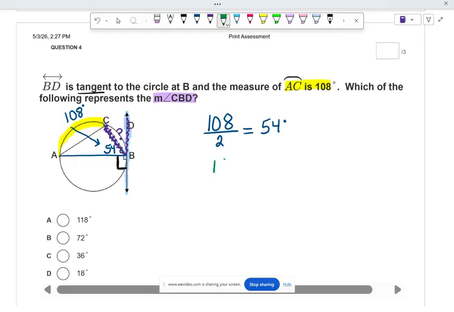So we're going to do 180 minus the 90 that was already there, minus the 54 inscribed angle, and that is going to leave us with 36. So the measure of angle CBD is 36 degrees.